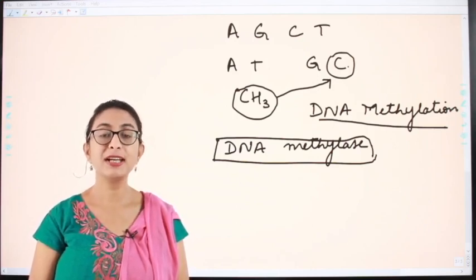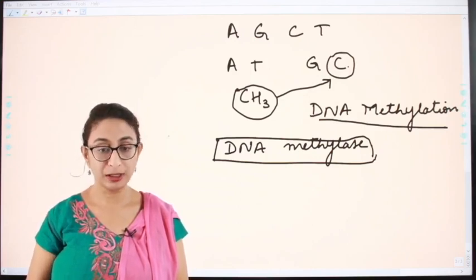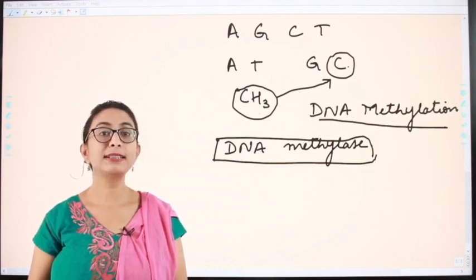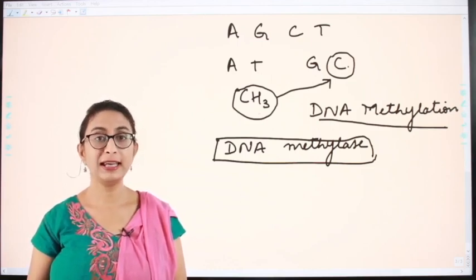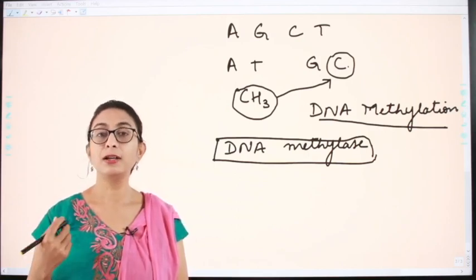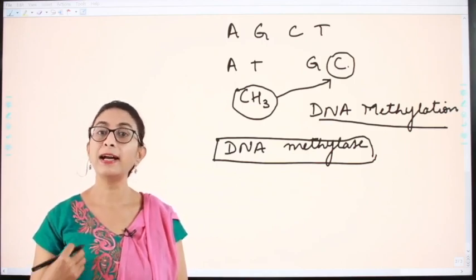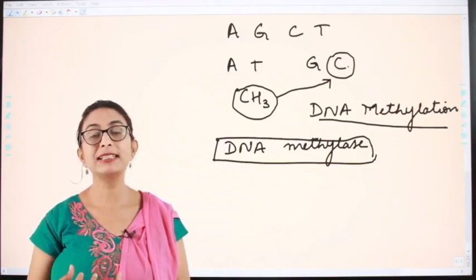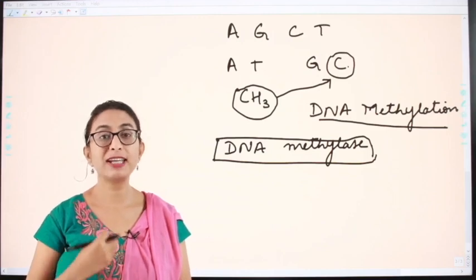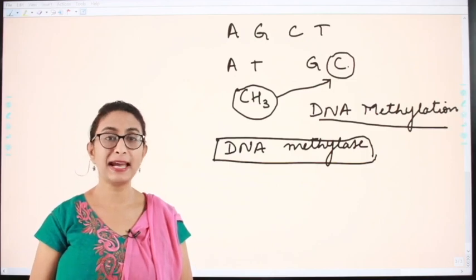DNA methylation is a process by which a methyl group, here meaning CH3, is added to the cytosine of DNA during the process of DNA replication, which happens during the formation of the sex cells, which are the sperm in males and ovum in females. This process of DNA methylation is carried out by an enzyme called DNA methylase.